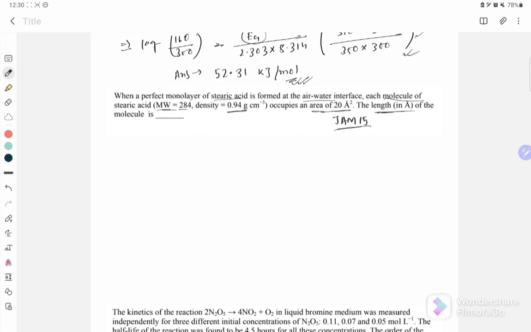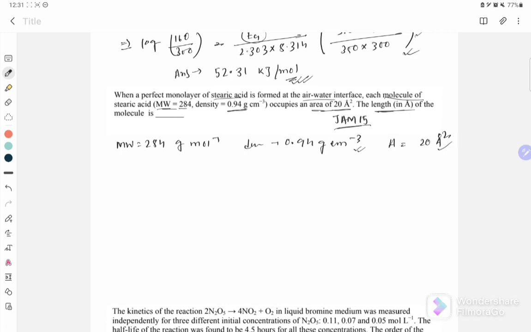They are asking about the length of the molecule. Given is molecular weight 284 gram per mole, density 0.94 gram per cm cubed, and area 20 angstrom square.